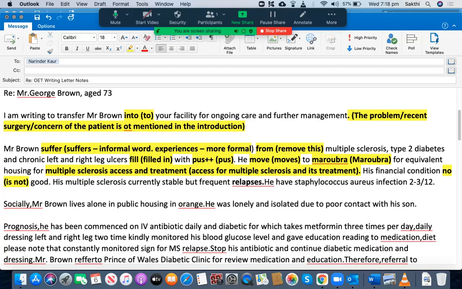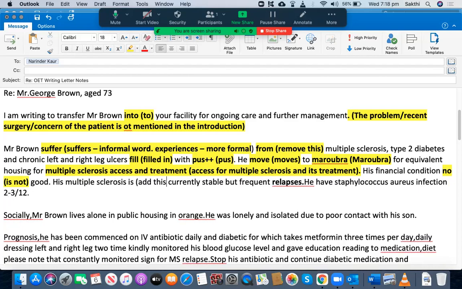His multiple sclerosis currently is stable. Okay, so what she might have used is "is currently stable". So she needs to add this one. "Is currently stable, but frequent relapses." That's wrong. I don't know why she has written this, but you must have "but she has frequent relapses".